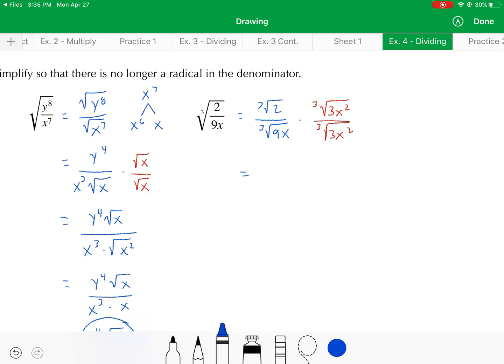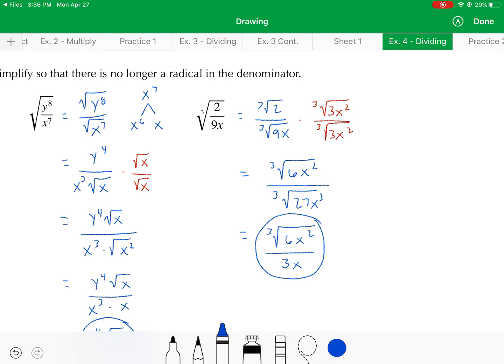Okay, that's going to give me cube root of 6x squared in the numerator over the cube root of 27x cubed in the denominator. And that'll give me cube root of 6x squared over 3x. Notice the radical is clear now in the denominator. And we are simplified. Okay.